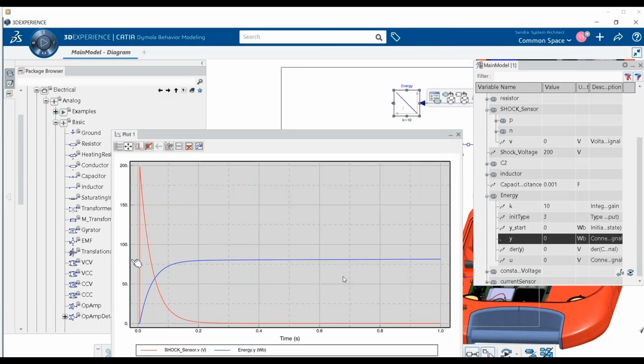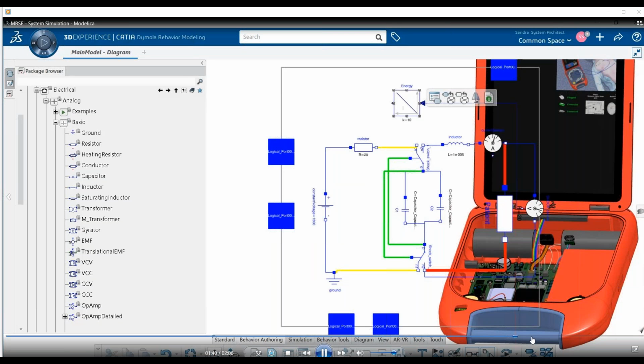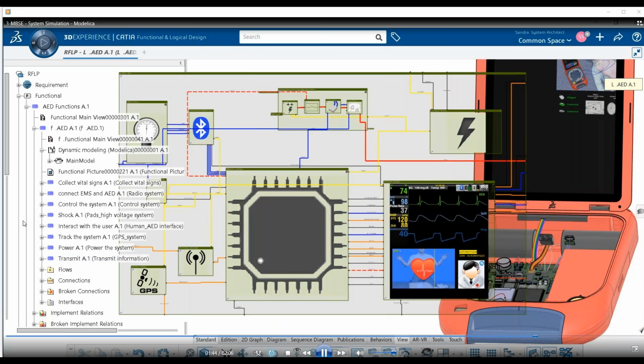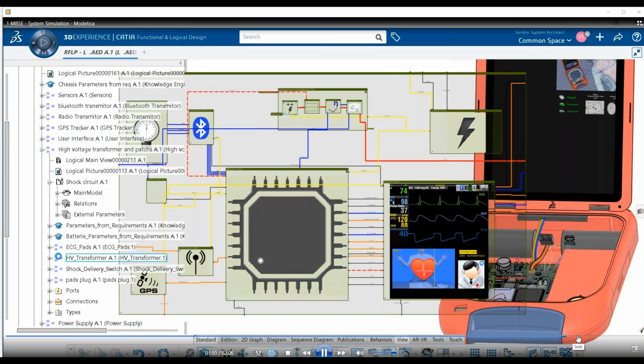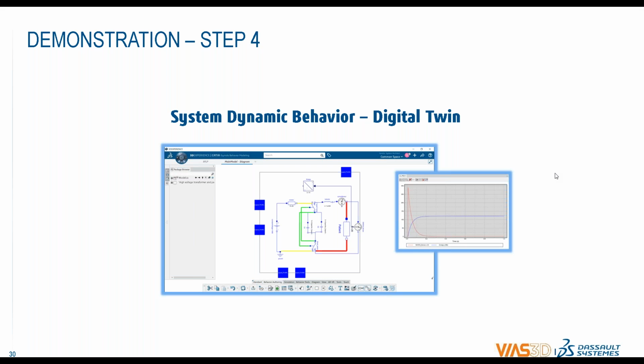So for each use case or test case, you can analyze the system to see if the system is behaving properly. Also, you are able to look at the battery model, the behavior of the battery in the system, as well as its interfacing with other components in the system. So if it's working with a monitor or other components, you can also look at them in more detail.